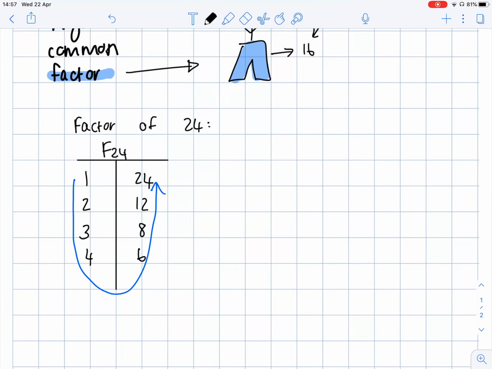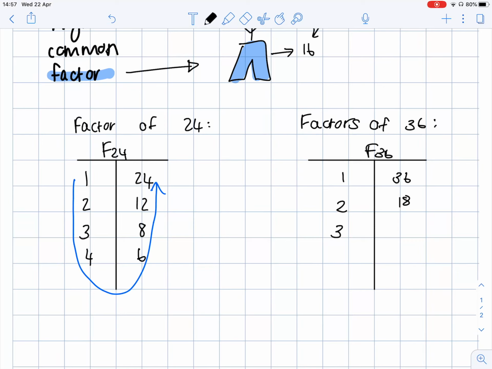Let's say I also asked for the factors of 36. So again, start your T-bone. 1 and 36, 2 and 18, 3 and 12. Apologies, 3 and 12. Then 4 and 9.